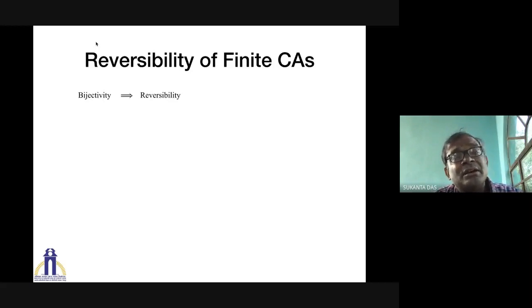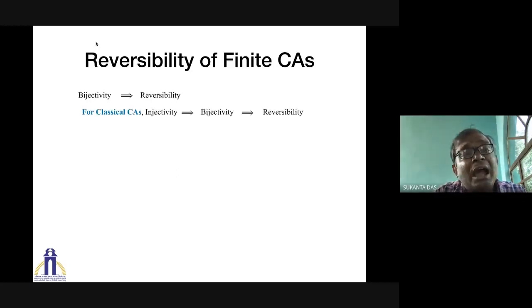It is possible only if the CA is bijective, right? If a CA is bijective, then the CA has an inverse, and we have seen from Hedlund's theorem that the inverse is also a CA. So you have understood that bijectivity implies reversibility.